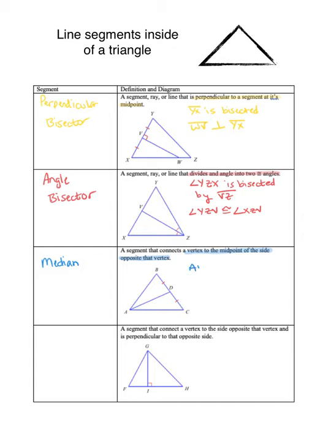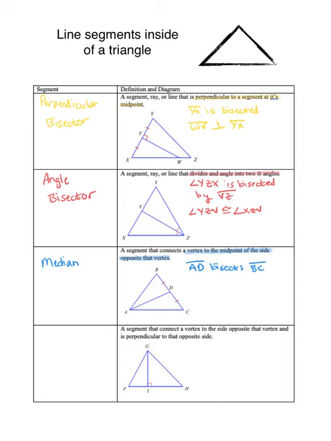So we can say AD bisects BC. But it is not perpendicular to BC. It simply bisects it. The median, you know what a median is. It's like in the middle of the road, the thing that you shouldn't drive over. So this bisects it. It is the median of the triangle.